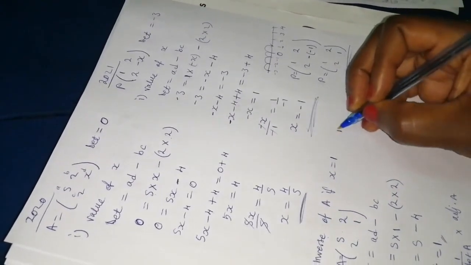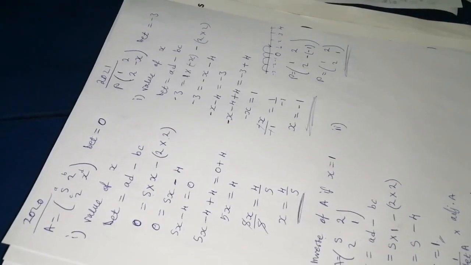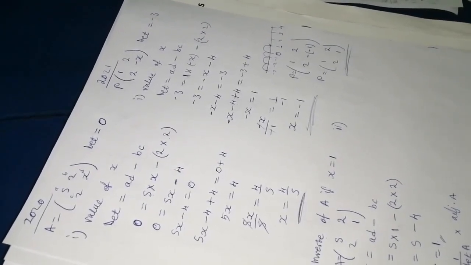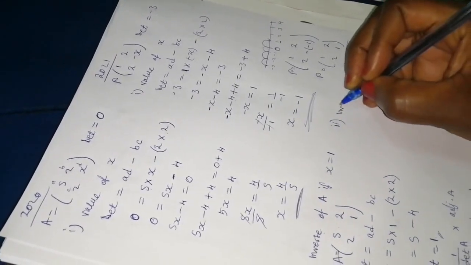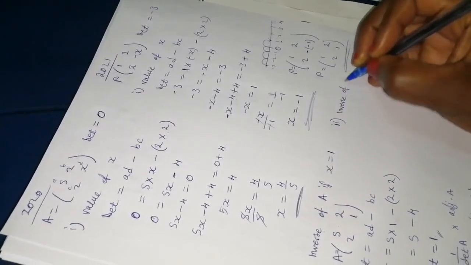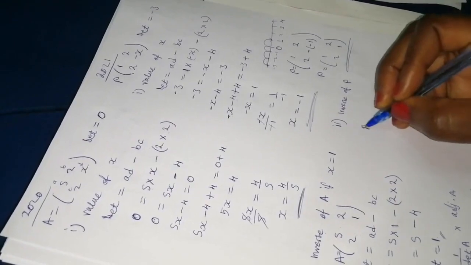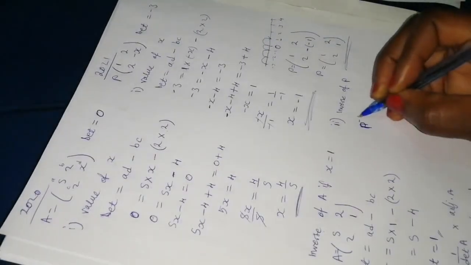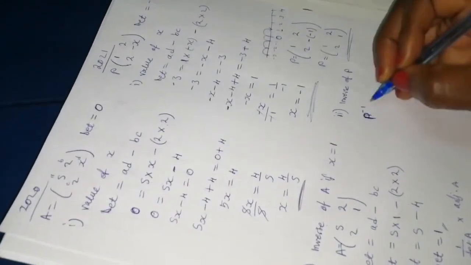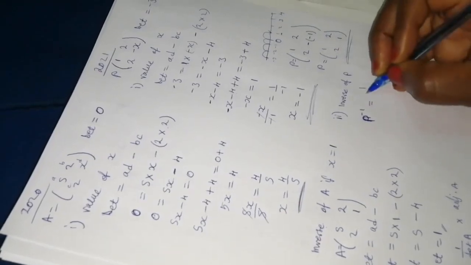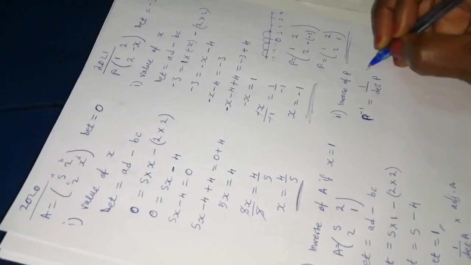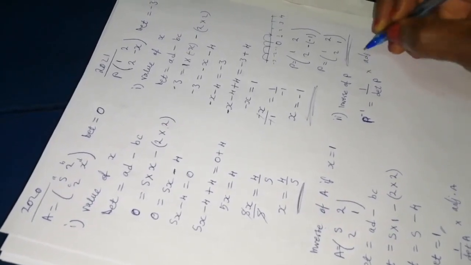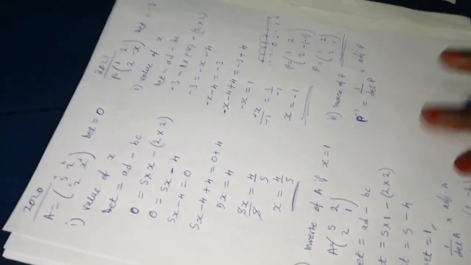Okay, then number 2, we are told to find the inverse of p. Inverse of p will be equal to 1 over determinant of p times adjoint of p.